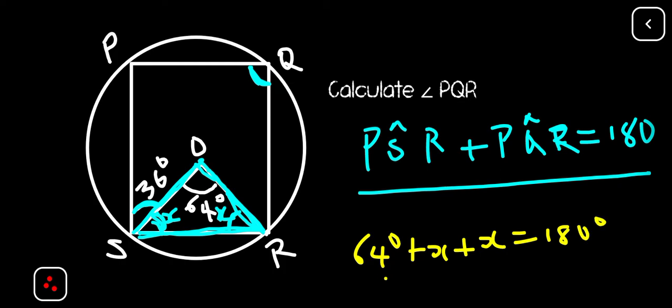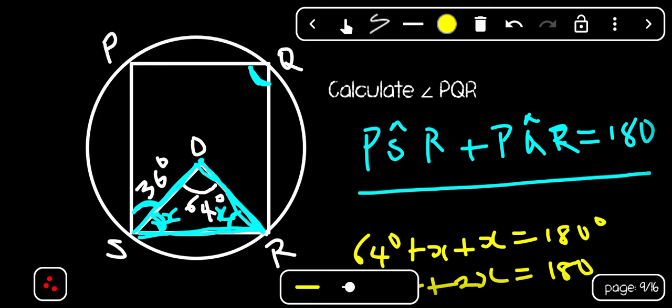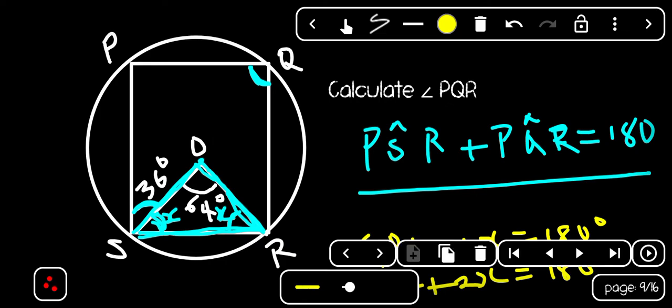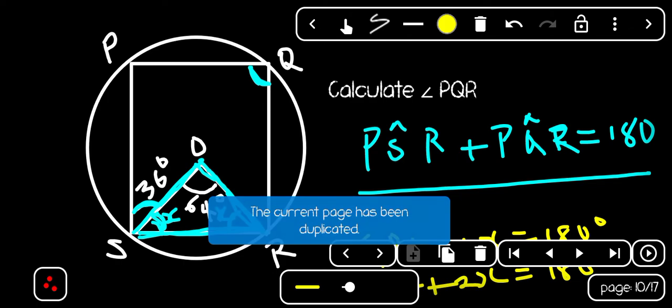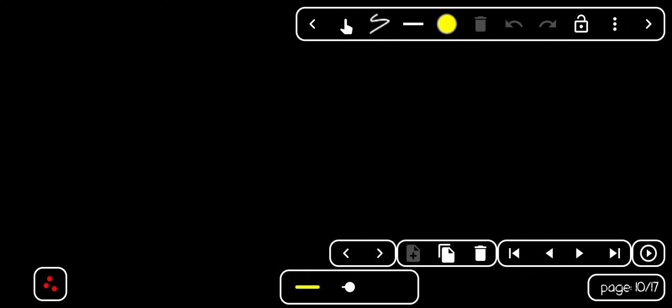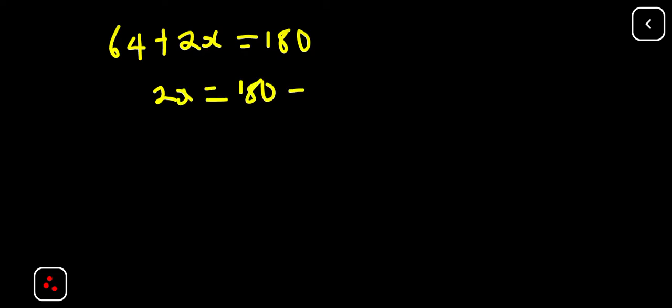If we bring 64 degrees to this side, we'll have 2x equals 180 degrees minus 64. We do not have space, so this is what we do. So we have 64 plus 2x equal to 180 degrees. Now 2x will be equal to 180 degrees minus 64.